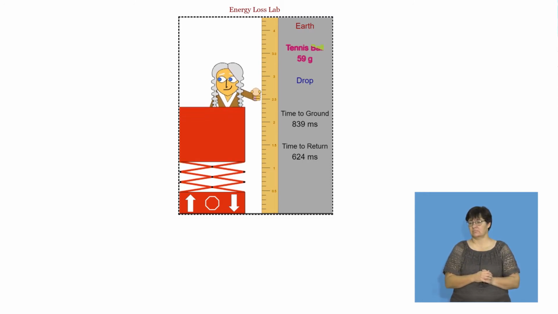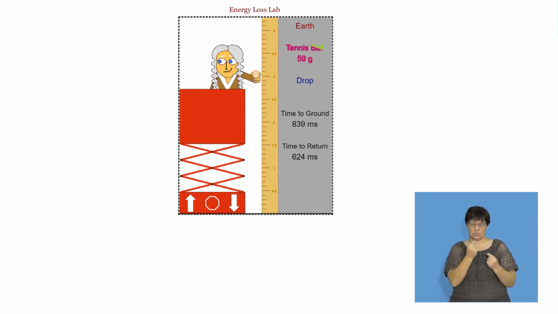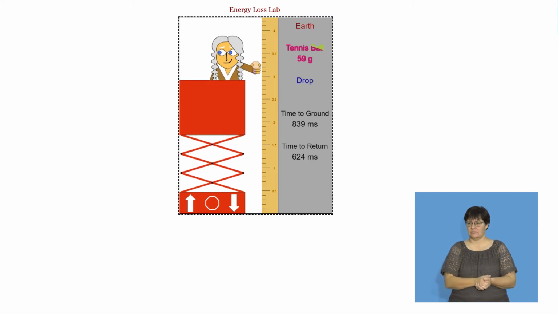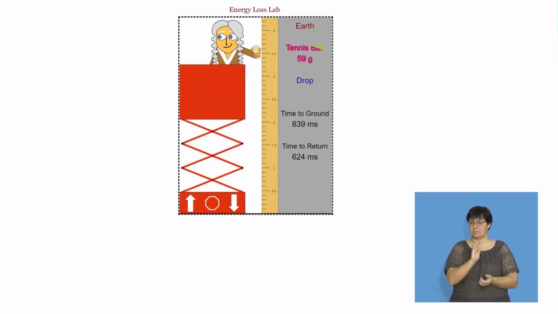We'll do mass instead, because that'll be easier. So here we go up, he's going up. Let's stop him at 3.6. Let's use something other than a tennis ball. Hockey ball. We did 59, now we've got 162.